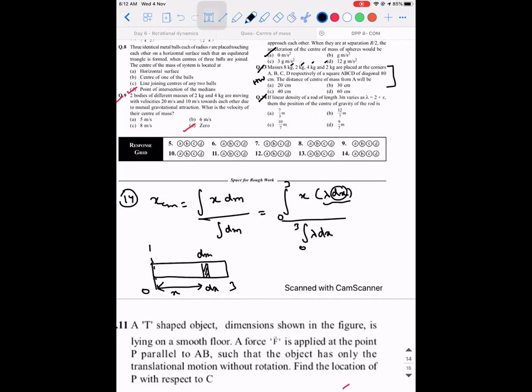Can you integrate fast and tell me what is the answer? Twelve by 7. That's right.